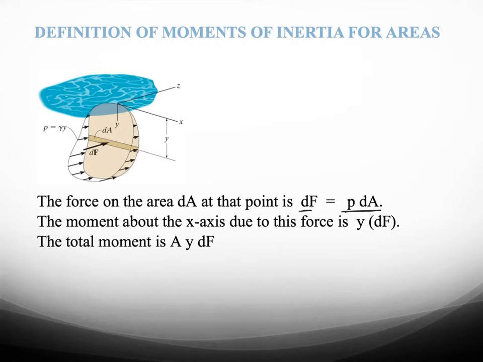Then the moment about the x-axis is going to be y, the distance from the x-axis, times that force. For the total moment over the area, we would integrate that value. So the moment is y dF, which is y times the pressure times dA.